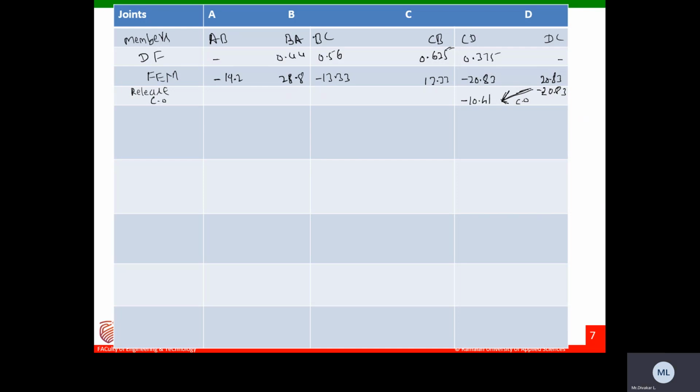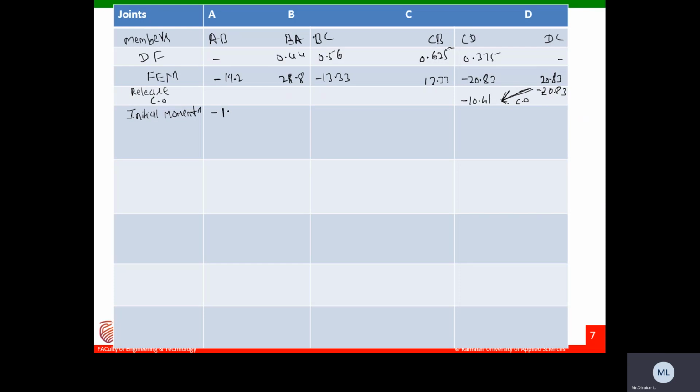This is the case. Now next, what do I have to do? Let us write down the initial moments. What are the initial moments now?